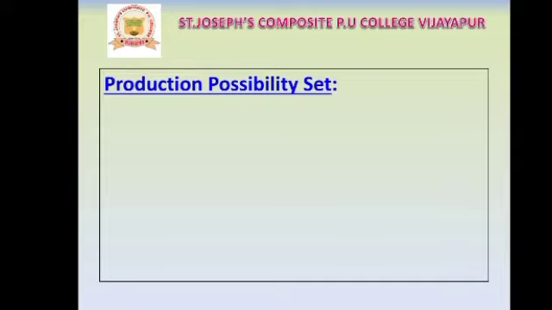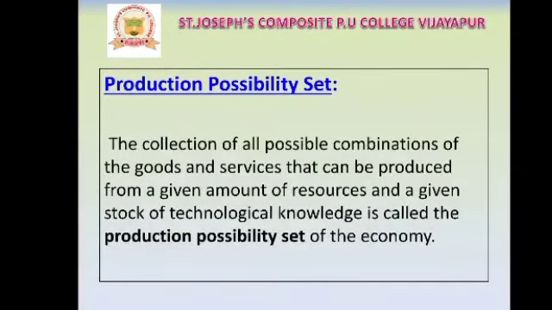Then what about the production possibility set? The collection of all possible combinations of the goods and services that can be produced from a given amount of resources and a given stock of technological knowledge is called the production possibility set of the economy.